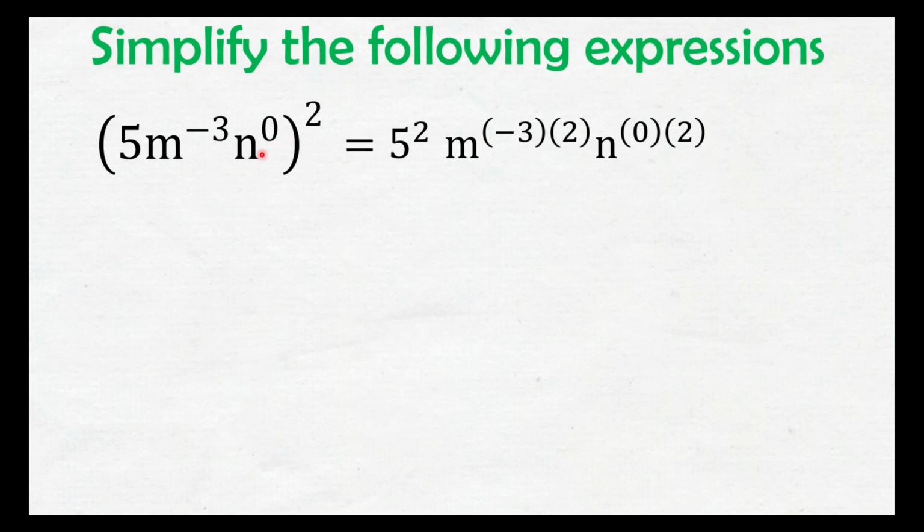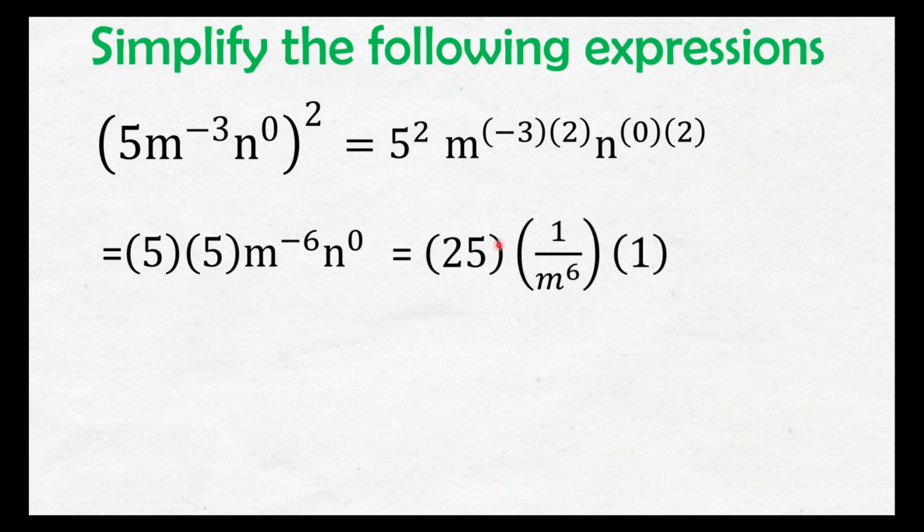And then, itong exponent naman ng n na 0, i-times natin sa exponent na 2. So, n raised to 0 times 2. Simplify natin, expand na natin yung 5 squared. We have 5 times 5, negative 3 times 2, that is negative 6. 0 times 2, that is 0.